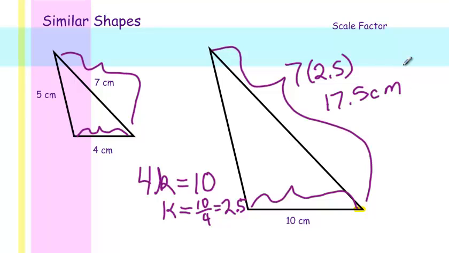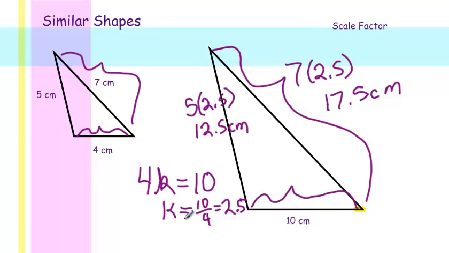So that's the length of that side. The length of the remaining side is going to be 5 times the scale factor, and the scale factor was 2.5, and so the length of this last side is 12.5 centimeters.